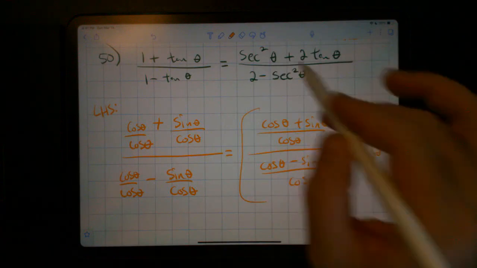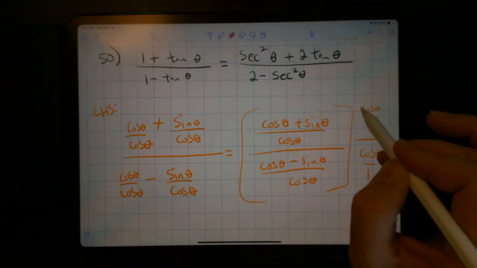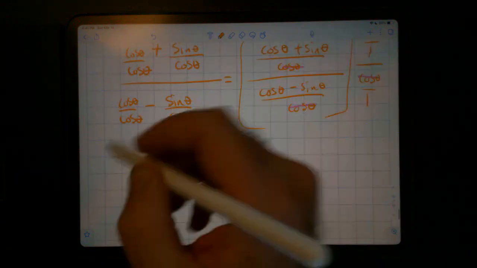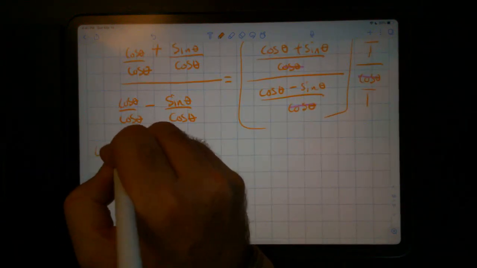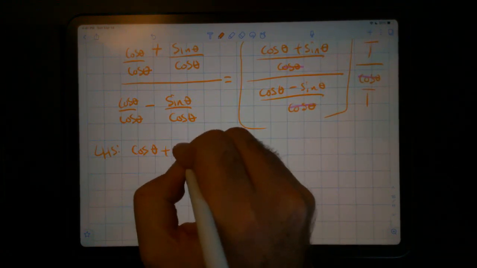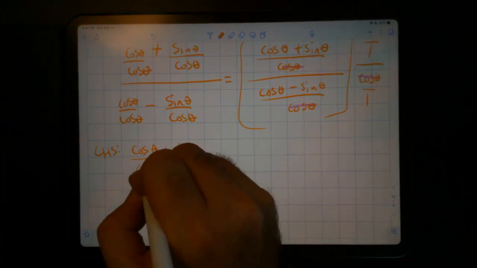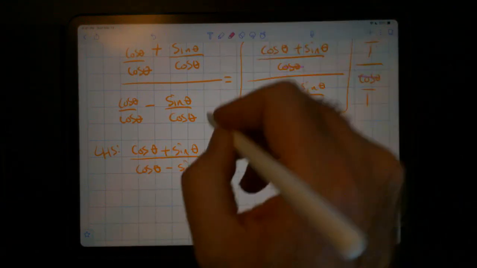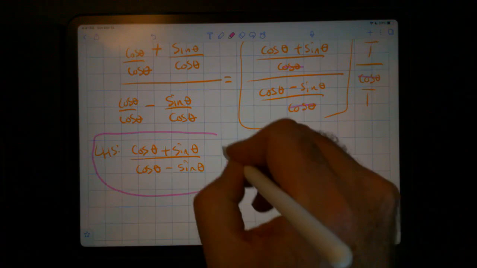What this will do is the cosines will simplify, and the left-hand side is simply this. So that's the left-hand side.